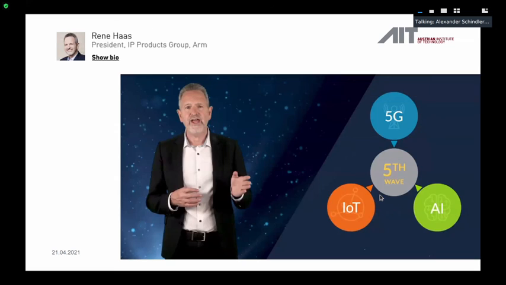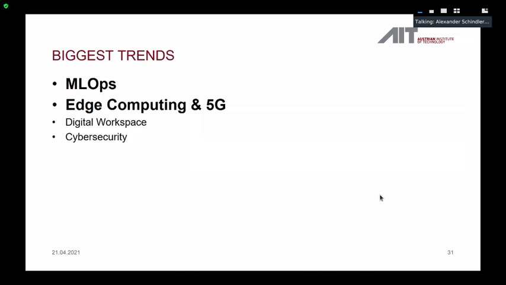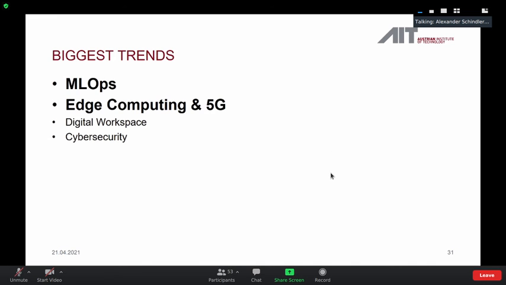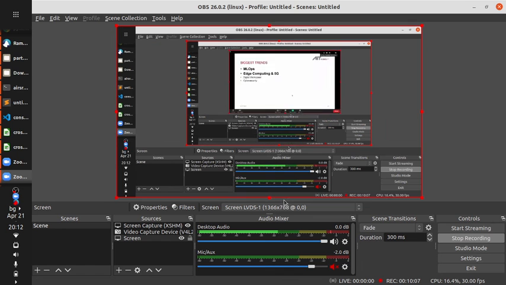Also this guy, this is one of the talks that I really cannot recommend. This is ARM promotion, but even he was talking about 5G and ARM. These low-scale processors are fit to be supplied in edge computing scenarios. Yeah, these were the biggest trends to sum it up: MLOps and edge computing in 5G.